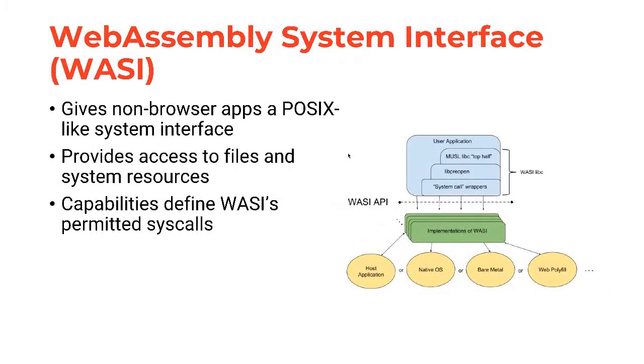So WebAssembly in newer versions has an emerging specification for a full API. It allows you to do a lot of things from the WebAssembly with regards to invoking files and system resources, working with sockets on the system. Similar to, if you're familiar with how Linux works, capabilities and using them to gate various syscalls.